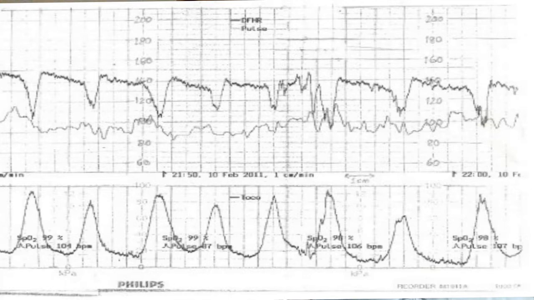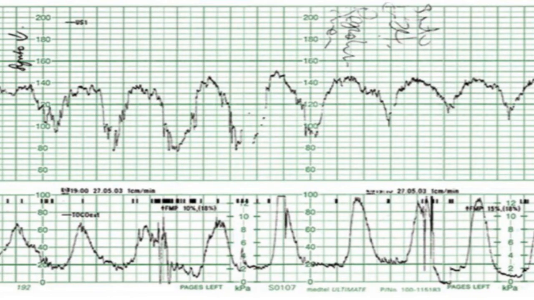It's not usually a non-reassuring finding unless it's associated with other abnormal findings in the CTG. So this is an example of early deceleration. The next trace, I will give you 10 seconds.